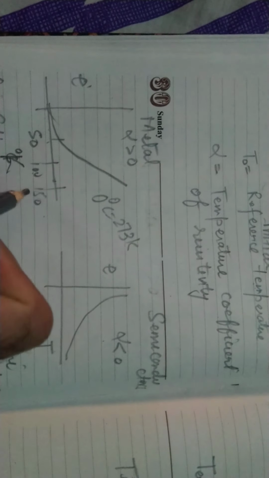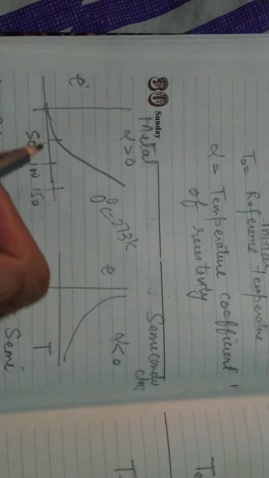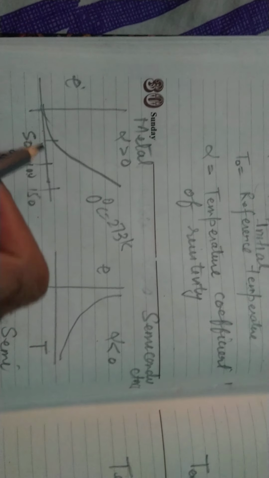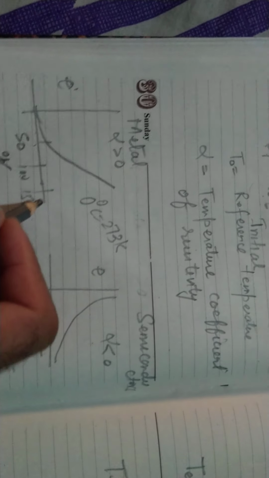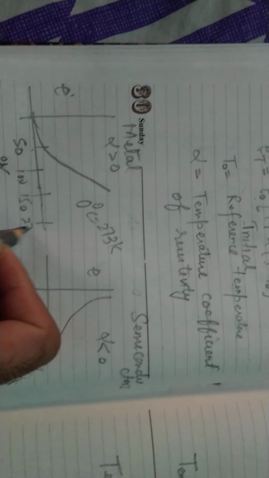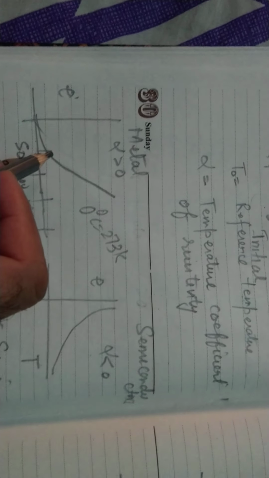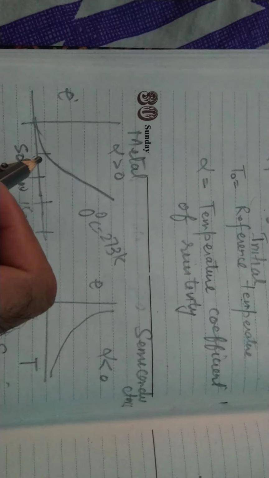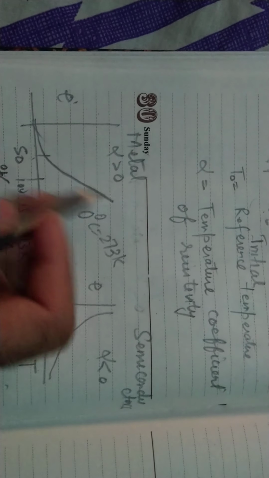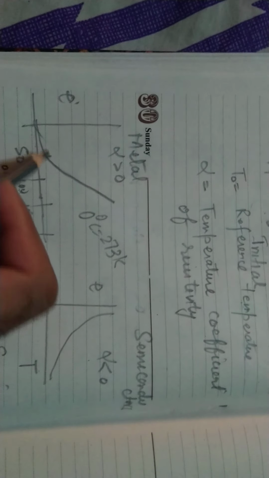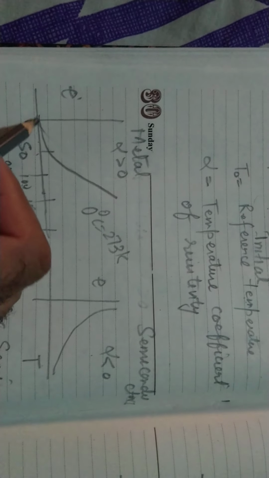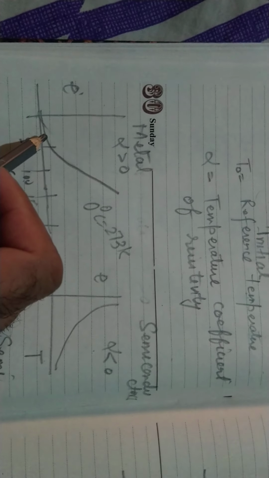So as we go low, below 0 degrees Celsius, although here the graph is a straight line, towards the lower temperature the graph doesn't remain a straight line.